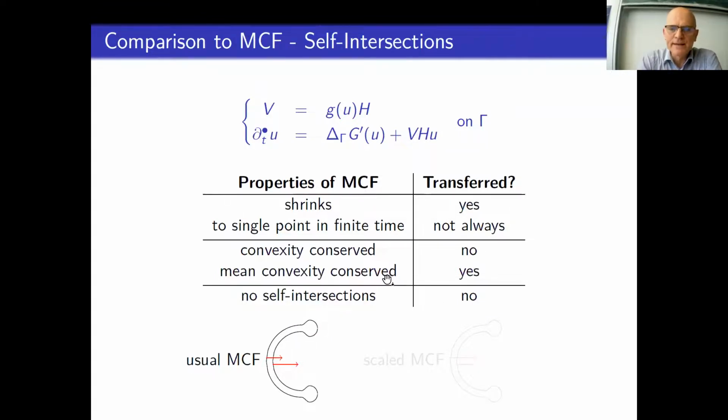What about self-intersection? For the usual mean curvature flow, let's say a surface, or in this case a curve, gets close to itself, then you always have the situation that the inner part needs, morally speaking, to be curved to a larger extent and has to move quicker. That's basically the reason. To make this precise, you also use a comparison principle. But now here you can do the following thing.